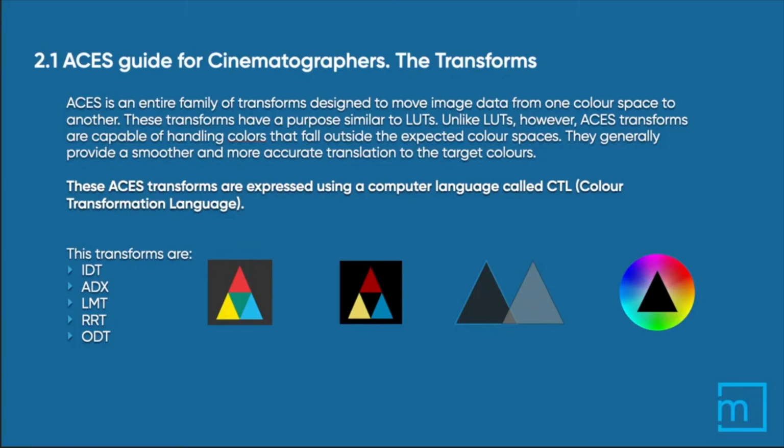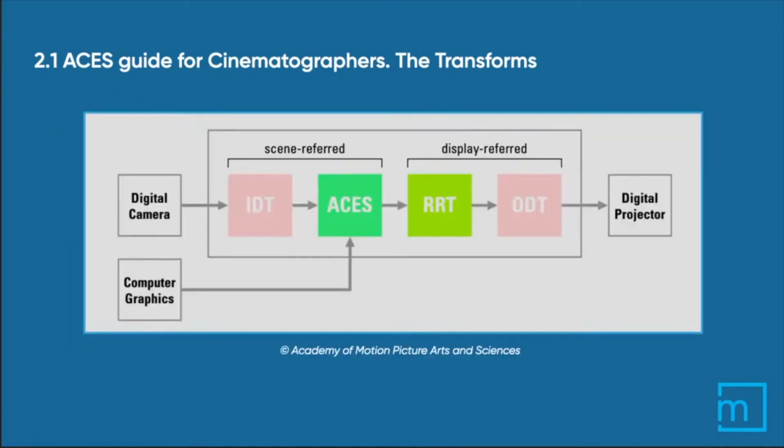For ease, we could say that they're similar to LUTs, but the ACES transforms work in what is called CTL, which is color transformation language, which has no limitations and doesn't offer any banding or any of those problems that we can see loads of times with lookup tables. These transforms that we're going to see are the IDT, ADX, LMT, RRT, and the ODT. They all are the family of transforms that ACES offers.